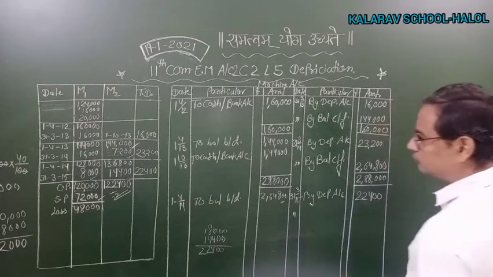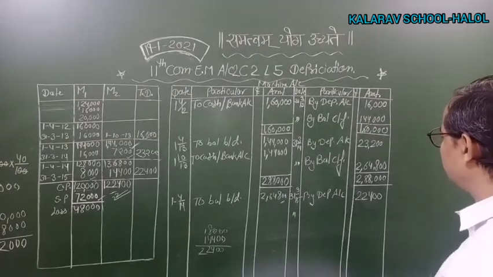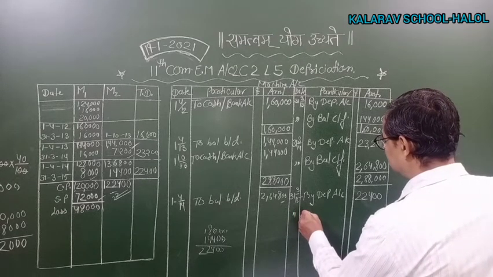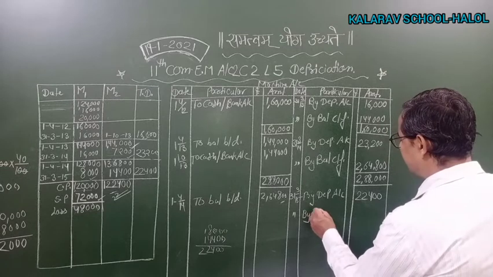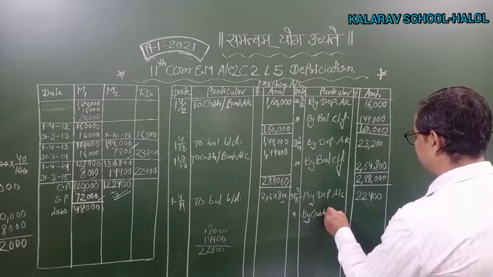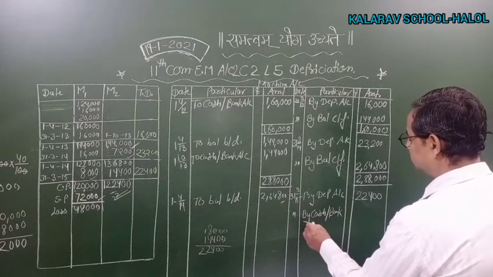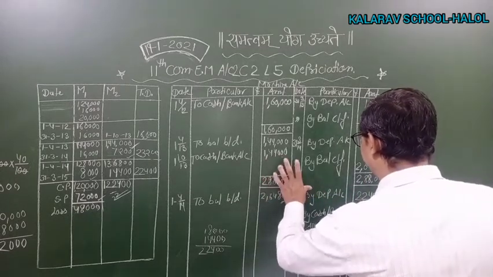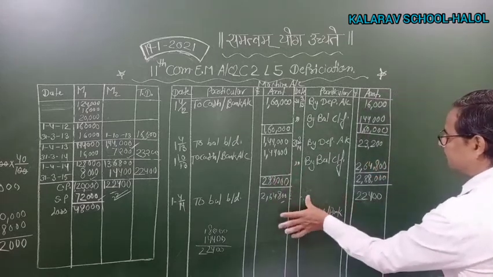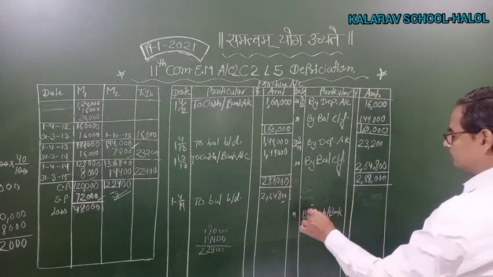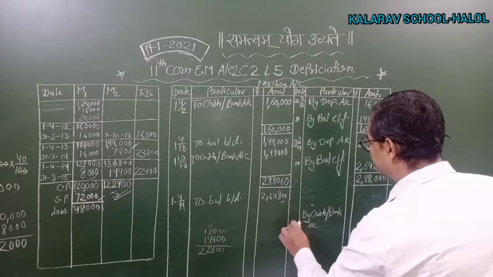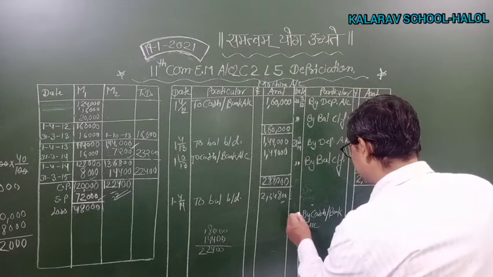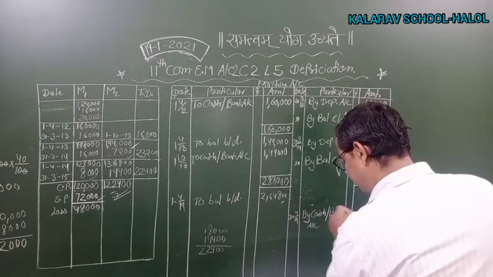First, this machinery was sold. So here you write by cash bank account. One thing you can do: don't write depreciation here, because if you go date wise, first this amount will come by cash bank account, and here your date is 39/14.